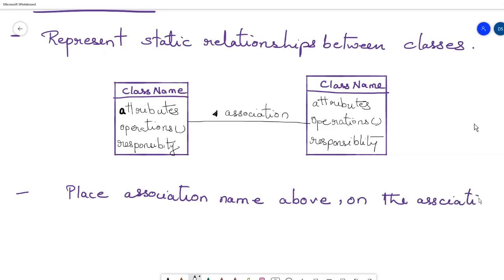Sometimes you may see the association written below the line also, so there is no problem. But according to the rule, we usually write it above, but if it is written below, it's okay, no problem.